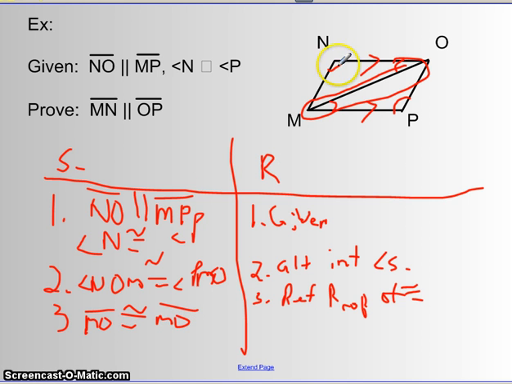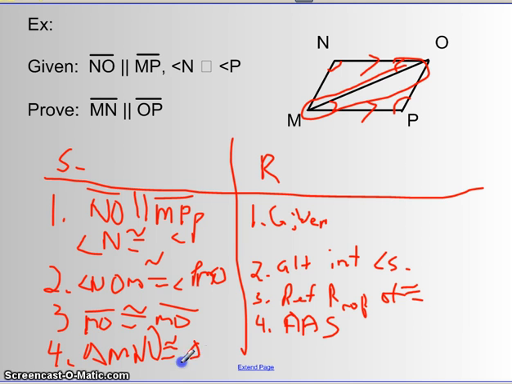So it looks like I've got angle, side to state that the two triangles are congruent because it's the non-included side, so it's got to be angle, side. And we're going to state that triangle MNO is congruent to triangle OPM.